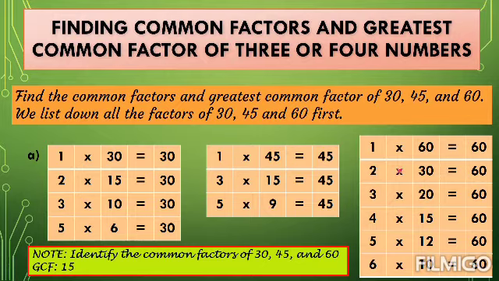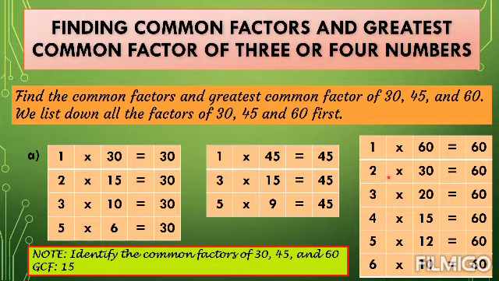And the last picture here, on the right side, we have the factors of 60. So these are 1 and 60, 2 and 30, 3 and 20, 4 and 15, 5 and 12, 6 and 10. And these are the factors of 60.